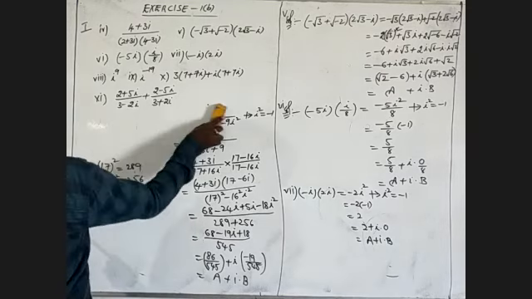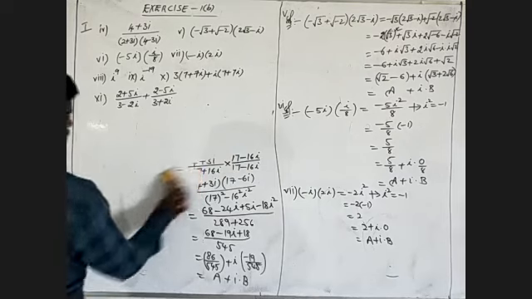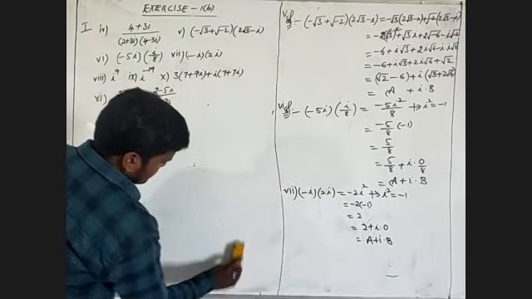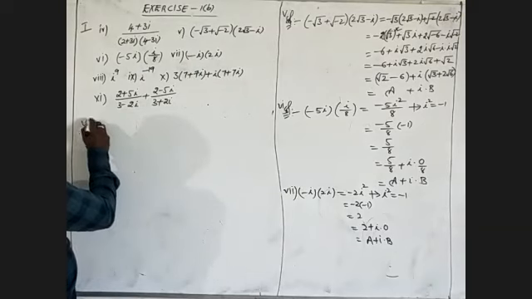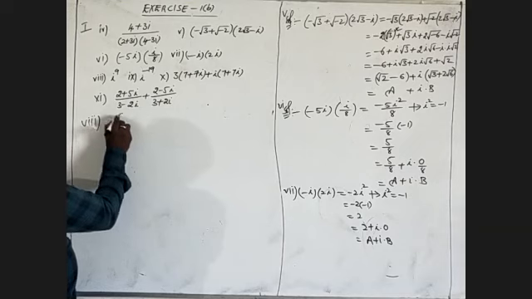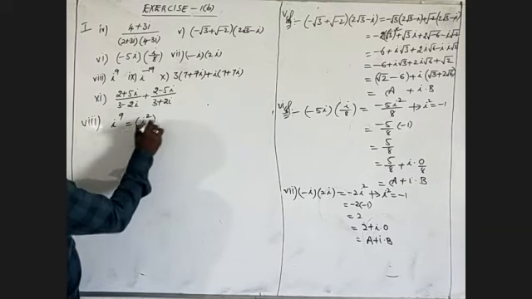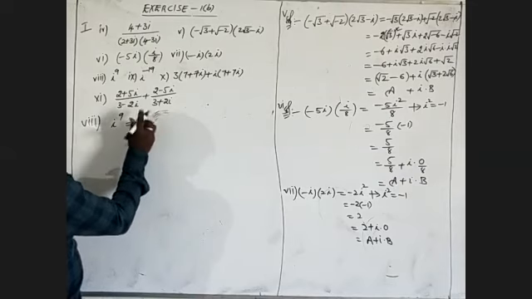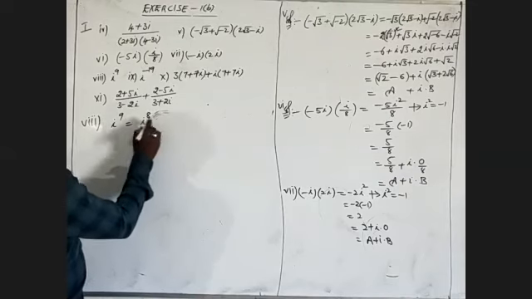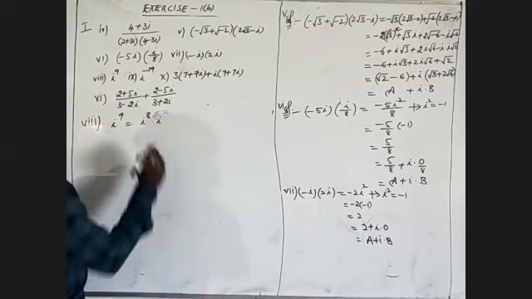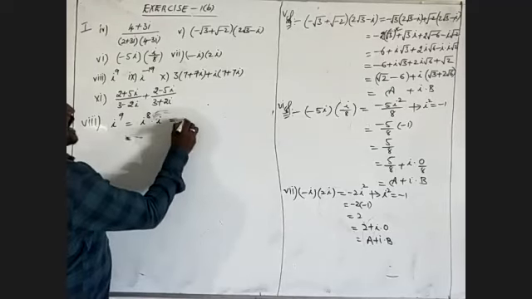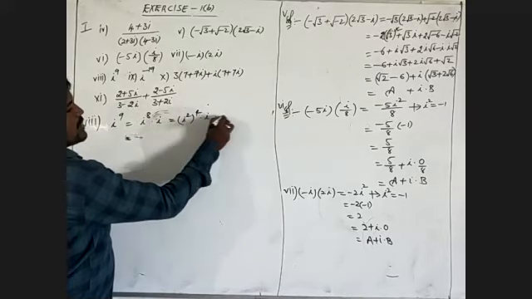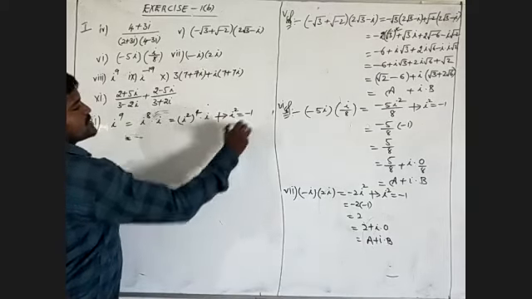Okay, now I am going to the eighth one. i power 9 must be written as i square whole power 4 into i, where i power 8 into i is i power 9. Here the bases are equal, so the powers must be added. i square is equal to minus 1.